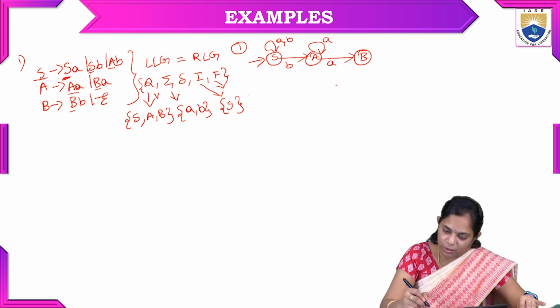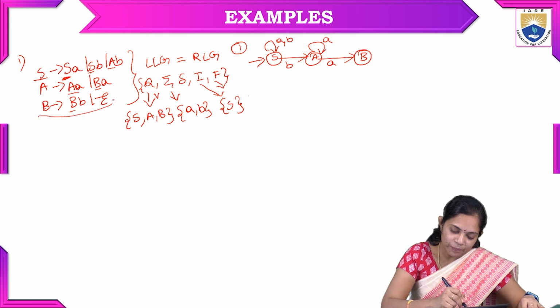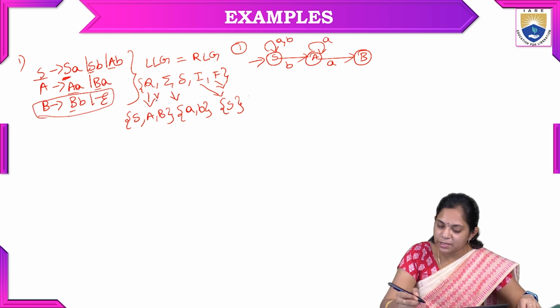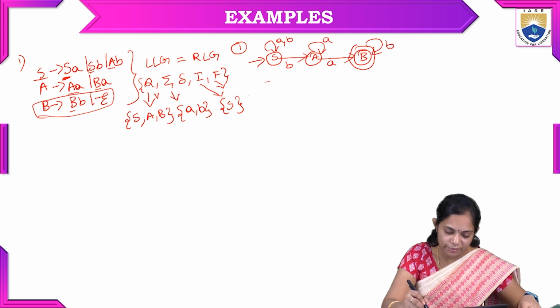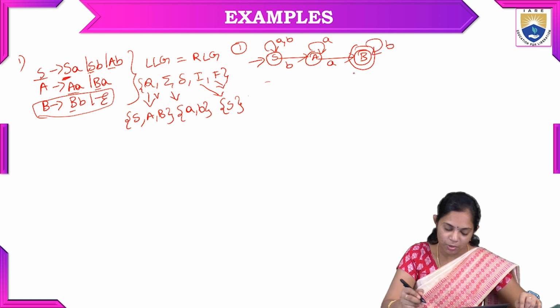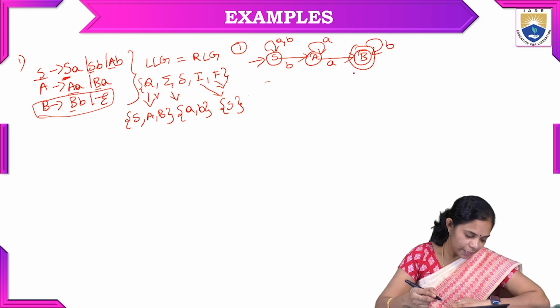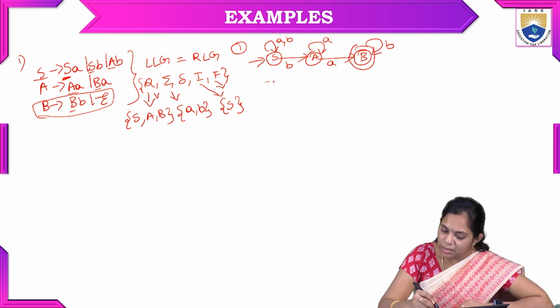And whenever there is an epsilon symbol, we will write this as a final state. And from the B state, B as an input symbol, it is reaching the self state and sigma.